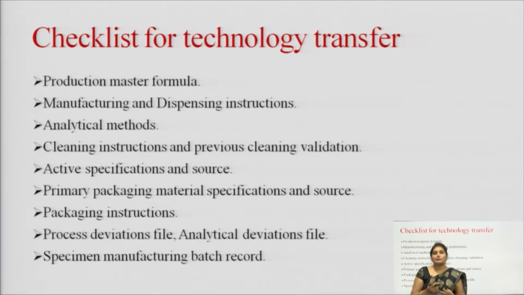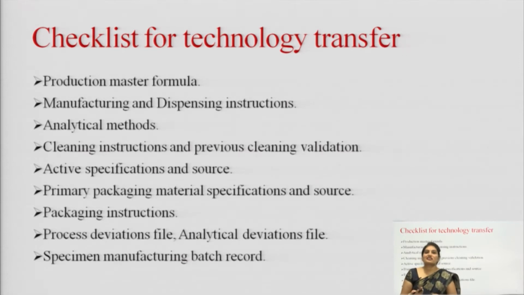Cleaning instructions and previous cleaning validation. Okay. What type of cleaning procedure will be used? Cleaning instruction will be based on the site. Okay. It will be a site specific application. Okay. The cleaning procedure will be adopted according to the site at which manufacturing is going on.